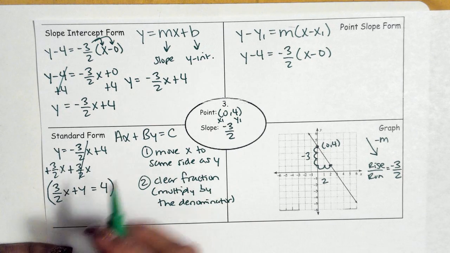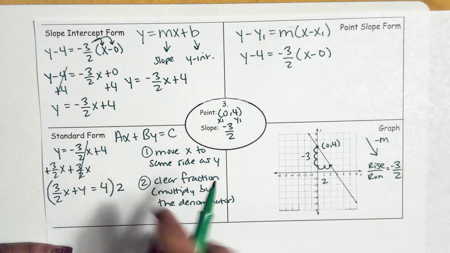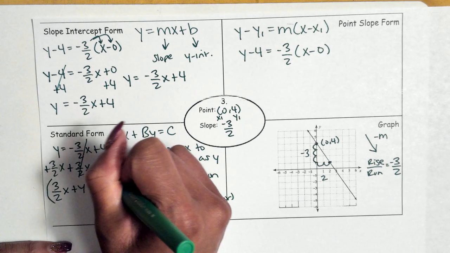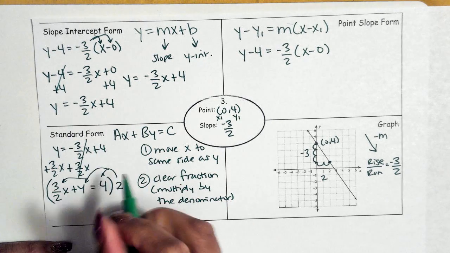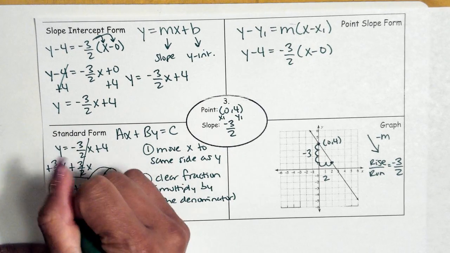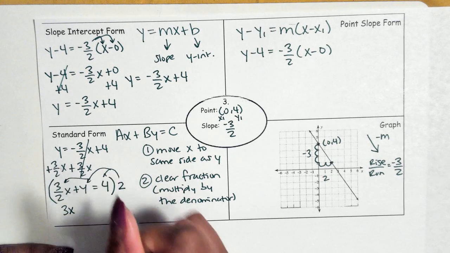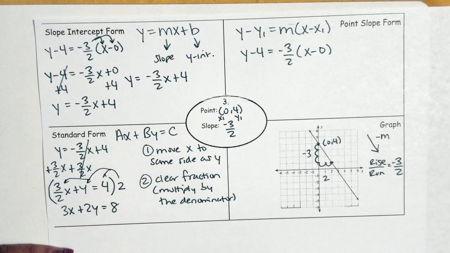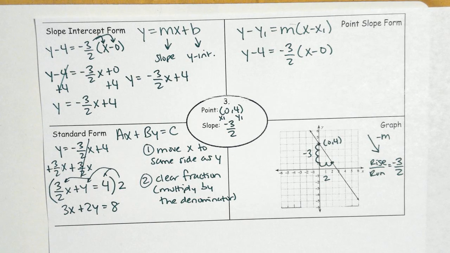So the denominator in this case is 2. This is only if the coefficient of x is a fraction. Now we're going to distribute 2 to each term. So 2 over 2 is just 1, so I'm left with 3x. Okay, then I have plus 2y equal to 8. And there is my standard form.